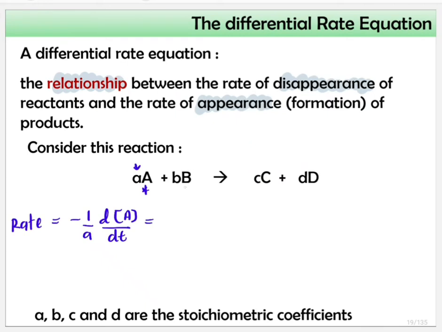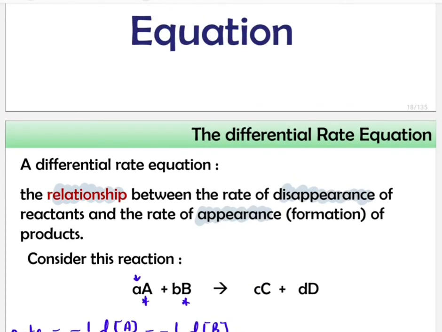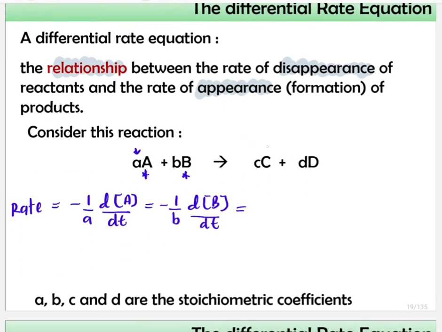Equal to, so now kita nak tulis untuk B pula, masih negatif, sebab dia reactant. 1 over b, dB over dt, equal to, sekarang C dah produk, jadi negatif dah tak ada. Boleh tulis positif, tak ada positif pun tak apa.